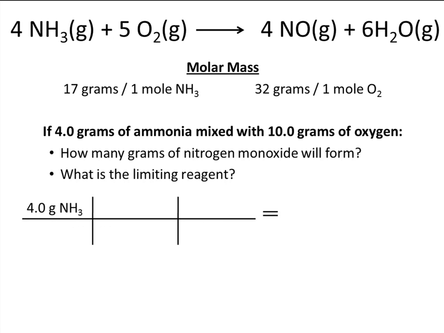We start with the measured quantity of 4 grams of ammonia. To convert mass to moles, use the molar mass. Put grams on bottom to cross-cancel the units. To convert moles of ammonia to moles of NO, use the molar ratio given to us from the coefficients in the balanced equation.